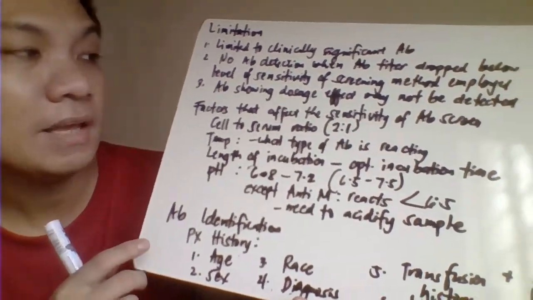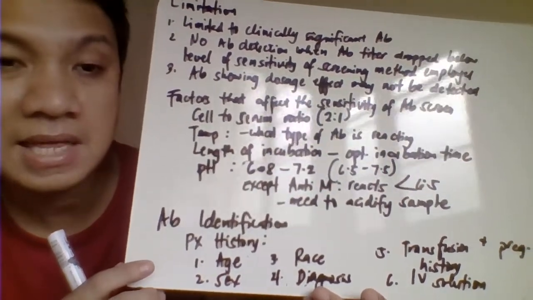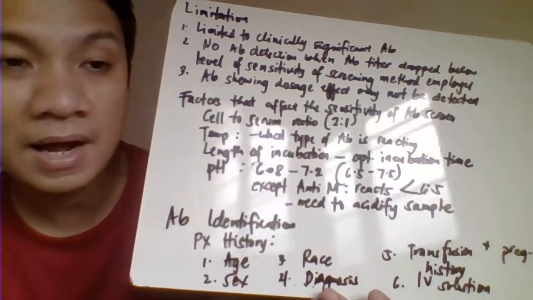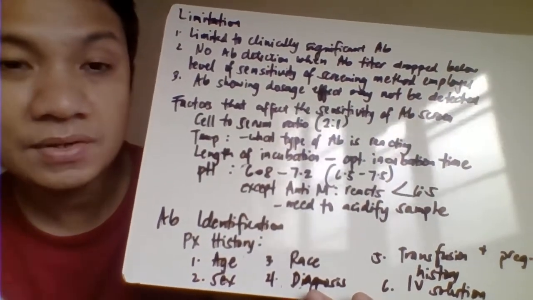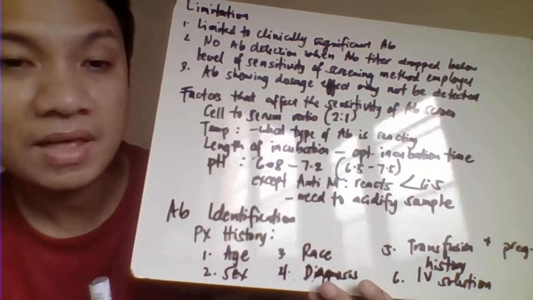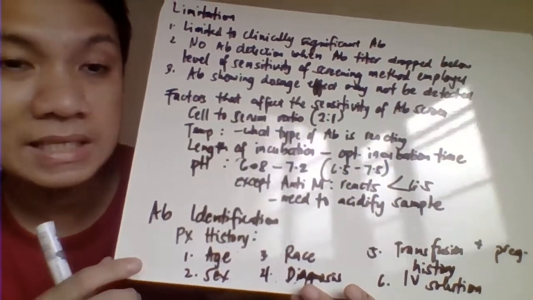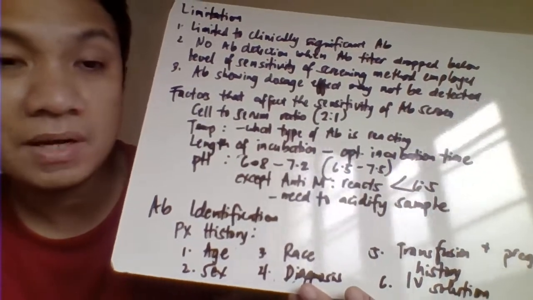And the third one, antibody showing here your dosage activity. So again, even if the patient would have an antibody present in his sample, kung ang ating red cell antigen, your reagent, is not showing homozygous expression of that antigen against that patient antibody, it will still not give a very good or a very positive reaction.